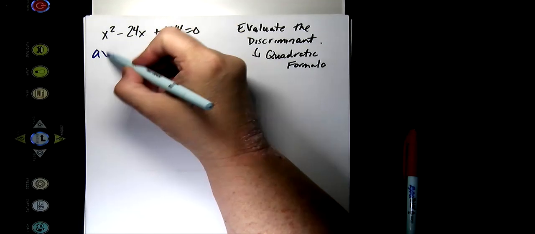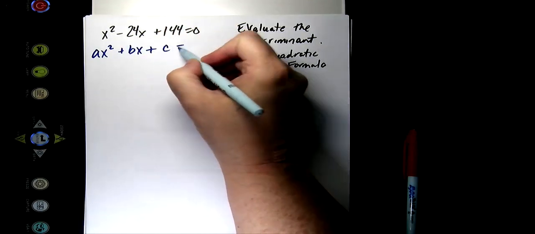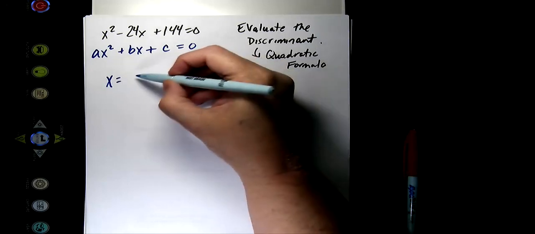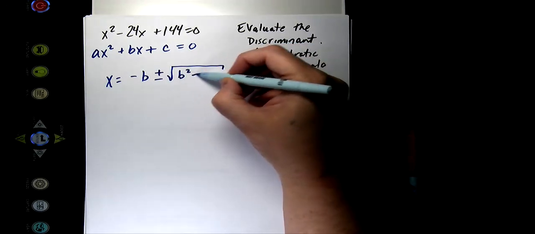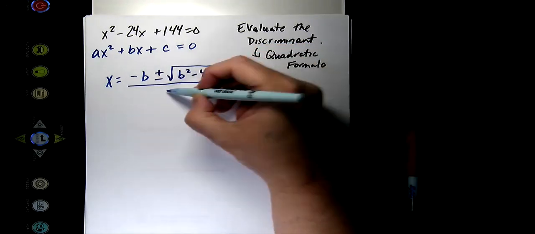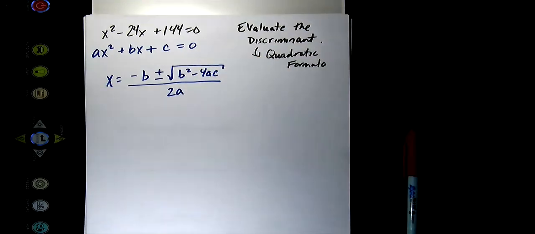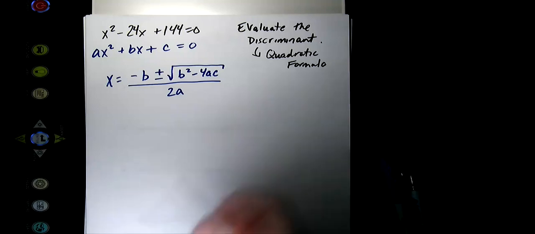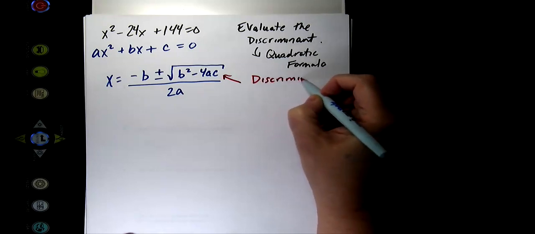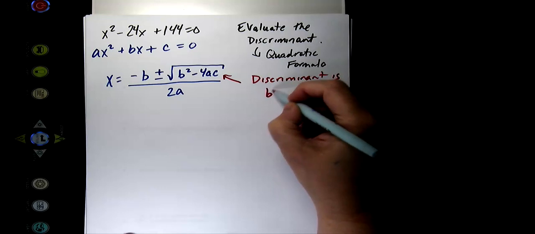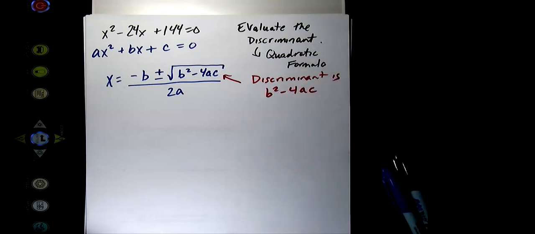If we have ax squared plus bx plus c equals 0, the quadratic formula says x equals -b plus or minus the square root of b squared minus 4ac all over 2a. The discriminant is in the radical. So we need to apply that information here to find out what it is.